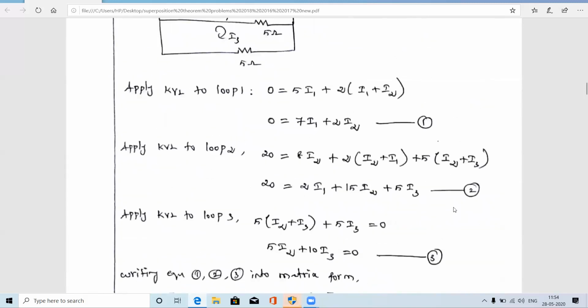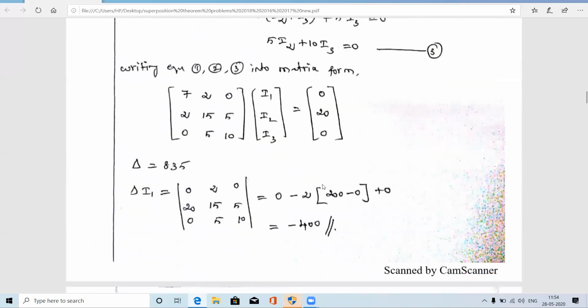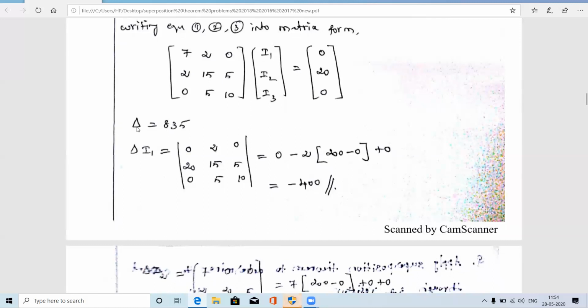And these 3 equations, you just convert into the matrix form. From this matrix, we have to determine the del value. This del is the same as the step number 1 del value, since the coefficient values are not changing. Only the right hand side values have changed. So del is calculated and we have to calculate del I1.